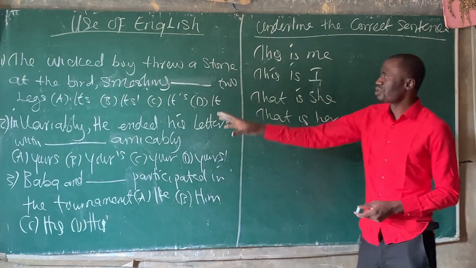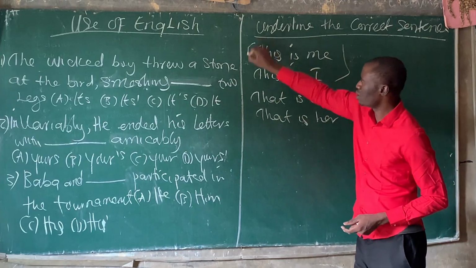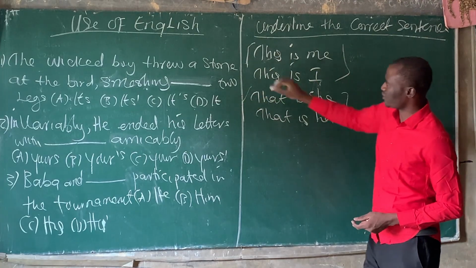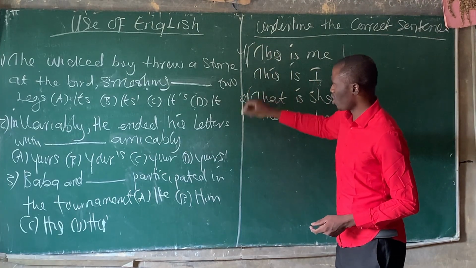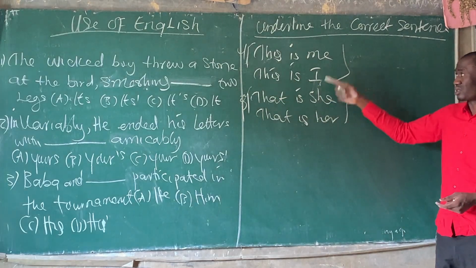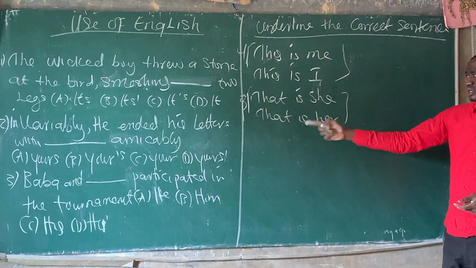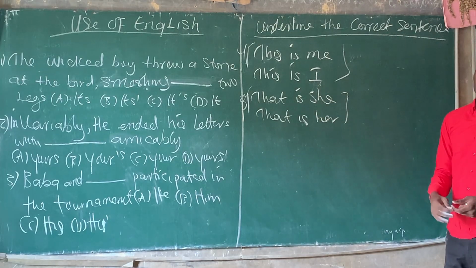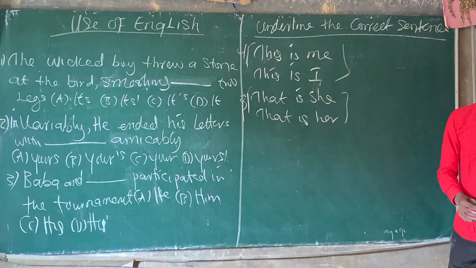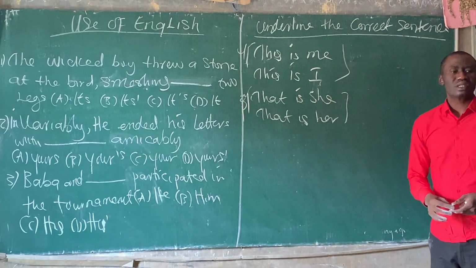How many questions are on the board? 2, 3, and then this. This is one question, and this is one question. So this is 4, and this is 5. One of these statements is wrong. This is me. This is her. This is she. That is she. That is her. So which one is the correct one for each of those statements? Then for the optional questions, which one is the right one?